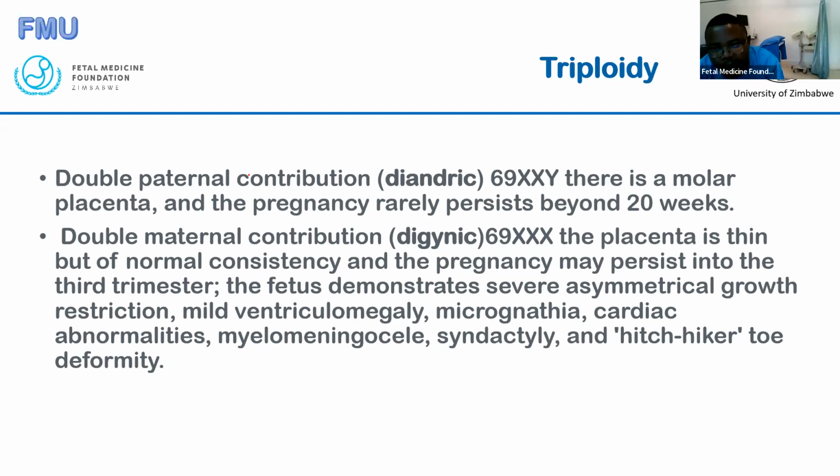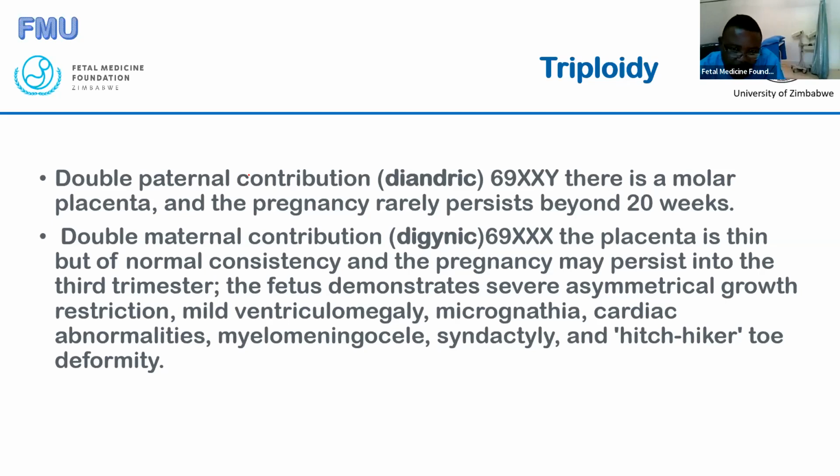If it is from the father, it doesn't form a baby, but it forms a molar, what you call the molar pregnancy. Molar is just an abnormal proliferation of the placental tissue. I think most of us have seen what a molar pregnancy is. So that's part of the triploidy, but in this case, it is the whole sperm that has fertilized half of the egg.